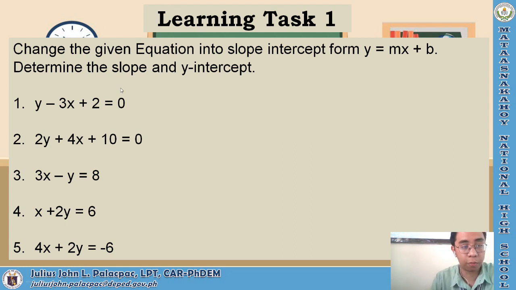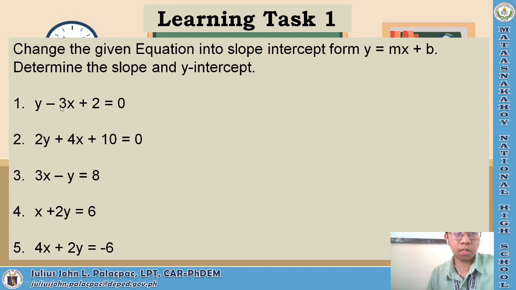Correct. We will first use the APE on negative 3x. So add both sides by positive 3x and then subtract both sides by positive 2. If we subtract both sides by 2, we can eliminate positive 2 on the left side.